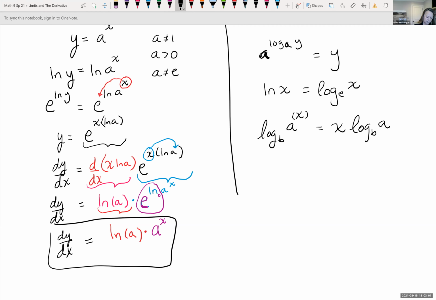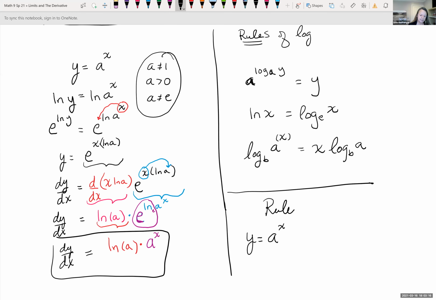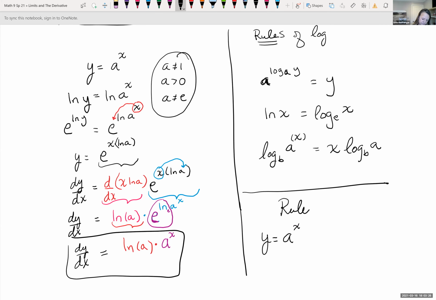So we just came up with a rule. If y is equal to a raised to the x power, again those rules have to hold: a can't be 1, a has to be positive. In our case, you can leave it as e if you want, but the rule says that dy dx, or the derivative d dx of a to the x, is equal to the natural log of our base, a, times the original function, a to the x.